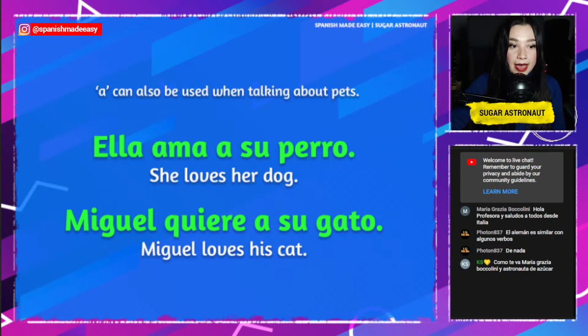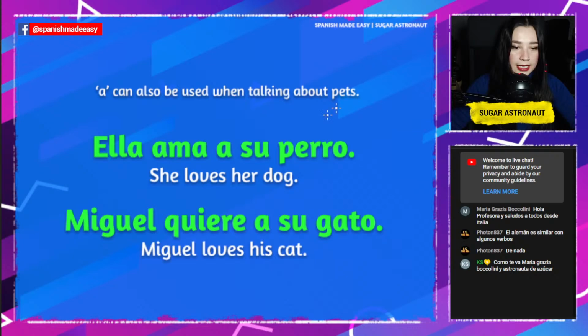Ella ama a su perro. This means she loves her dog. We have she, ella, loves, ama, her, su, and dog, perro. Once again, we don't have a translation for this one, but we absolutely need it.